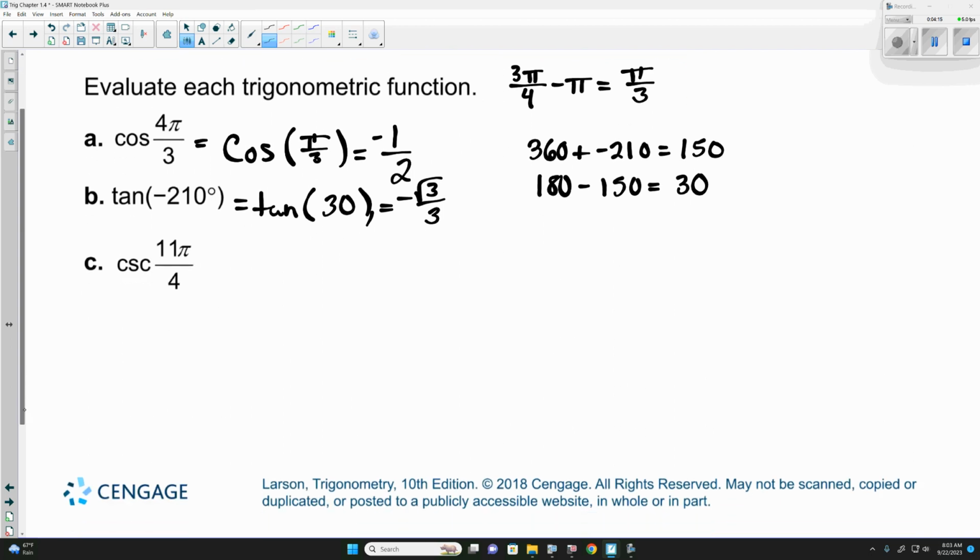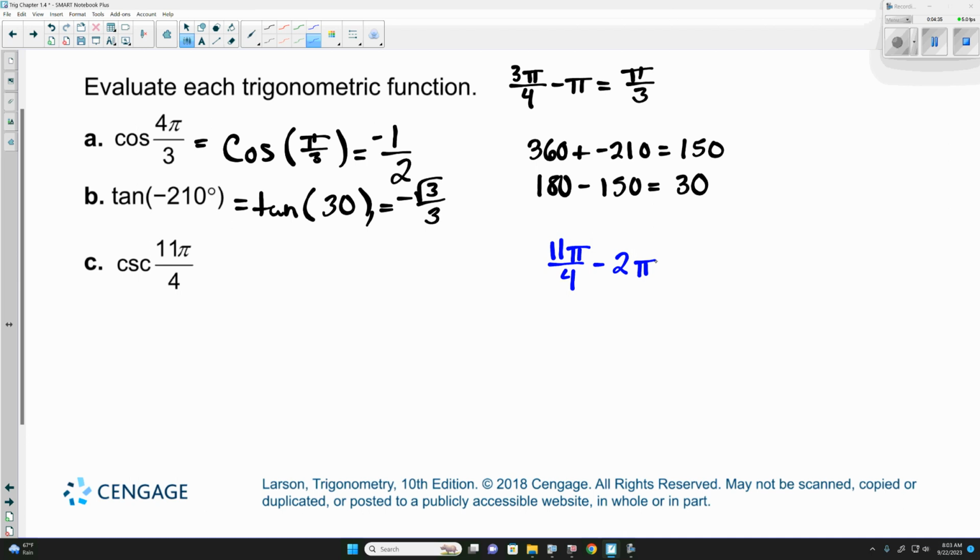Cosecant of 11 pi over 4. Well, first thing I'm going to do is bring this back between 0 and 2 pi by subtracting 2 pi.